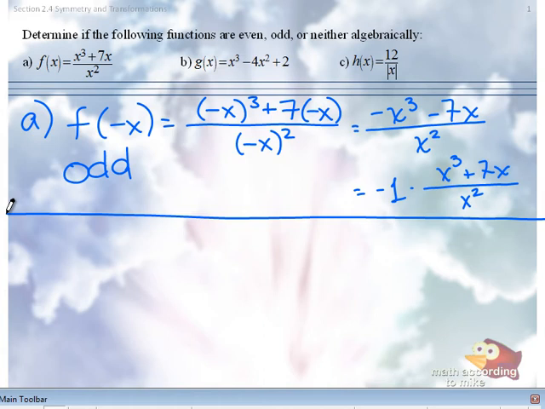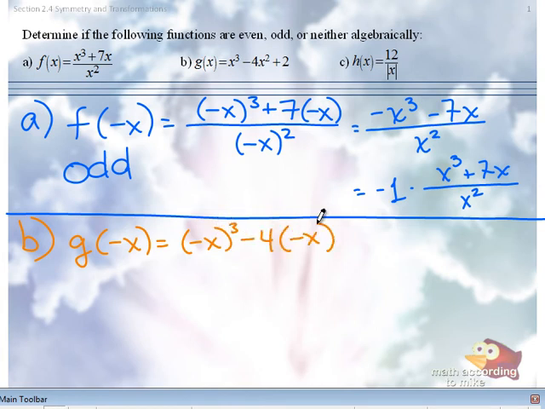Part B. Instead of all the x's, put in negative x. What is negative x quantity cubed?